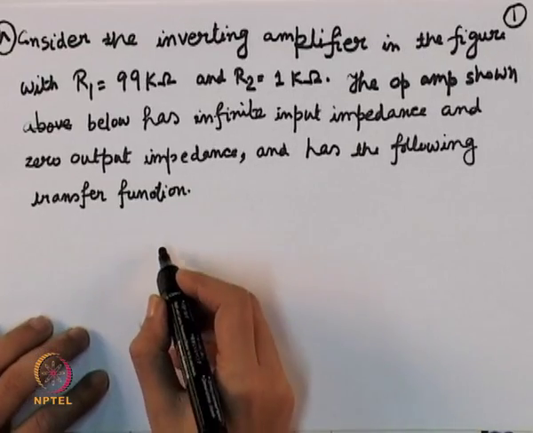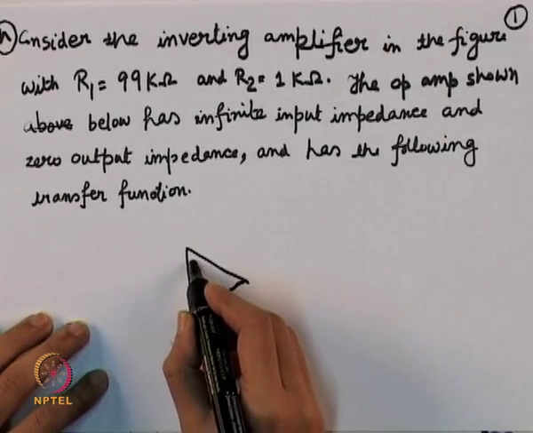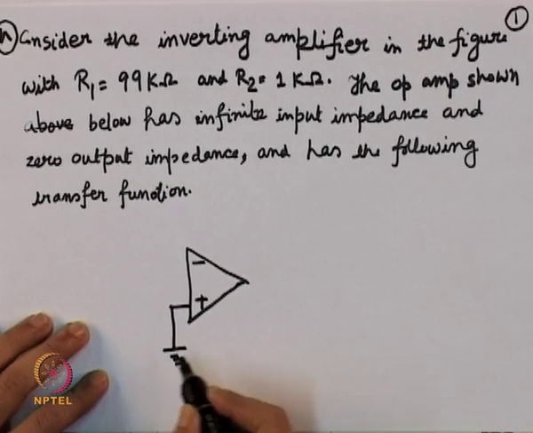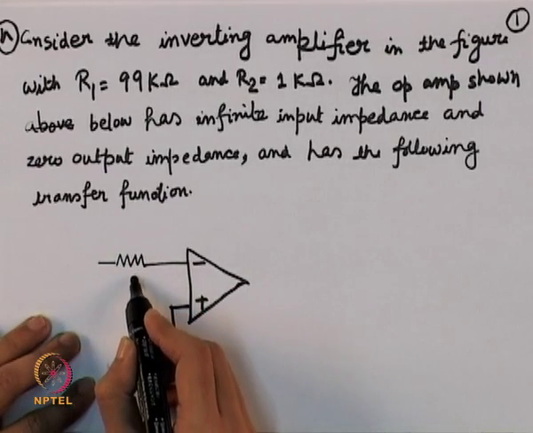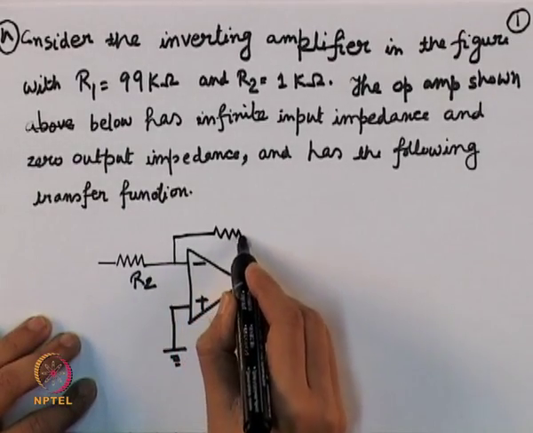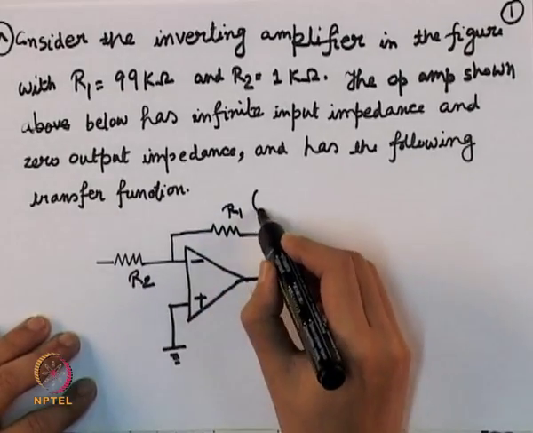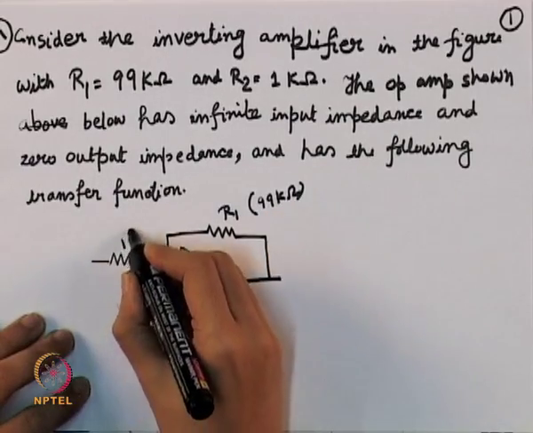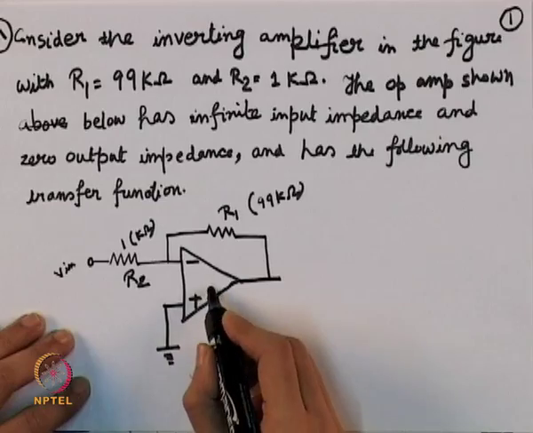The circuit is as follows: the non-inverting terminal is grounded. This is R2, this is R1. The value given is 99 kilo ohm and this value is 1 kilo ohm, and Vin is applied here.